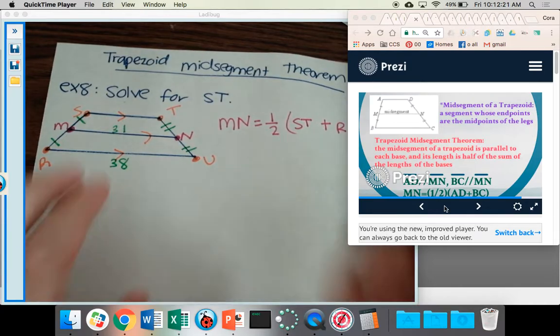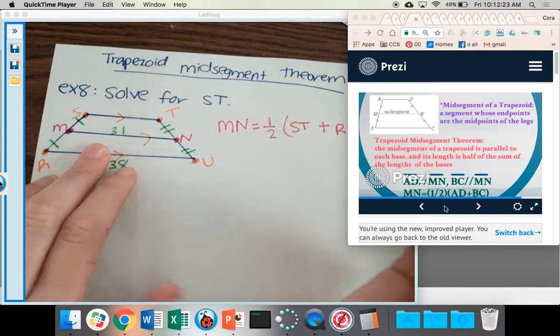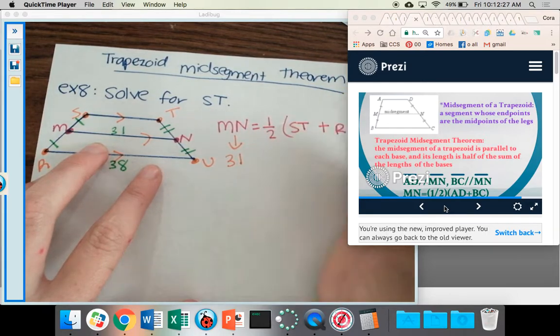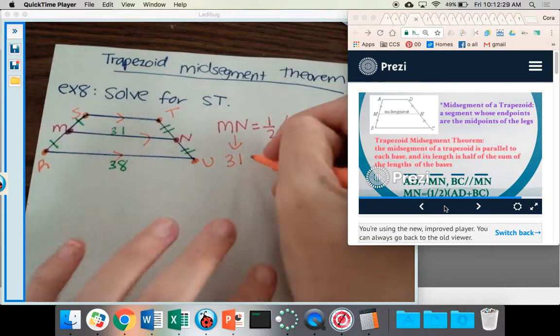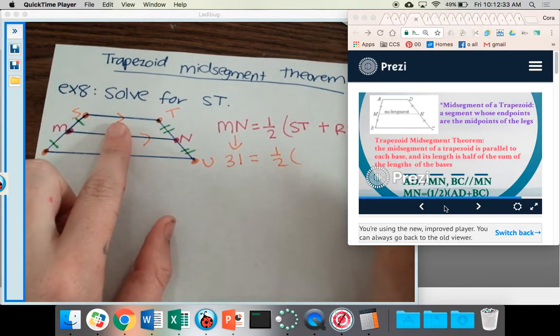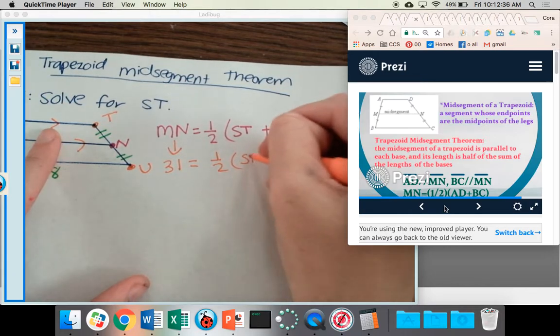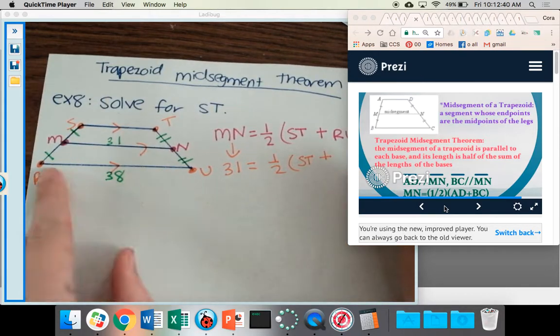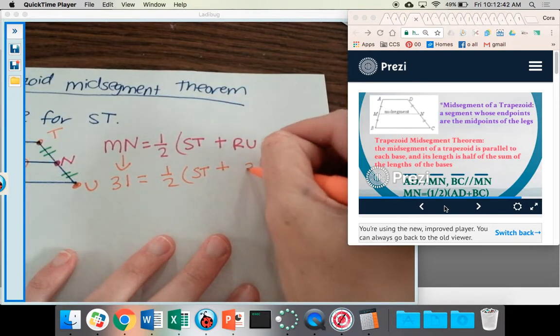MN is 31, so I'm going to replace MN with 31, which equals 1/2 of ST, which I don't know, so I'm going to leave it as segment ST, plus RU, which is in fact 38.